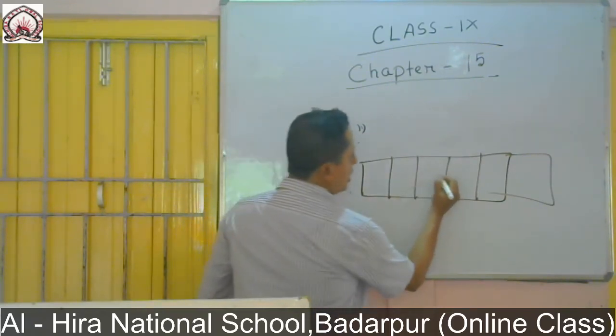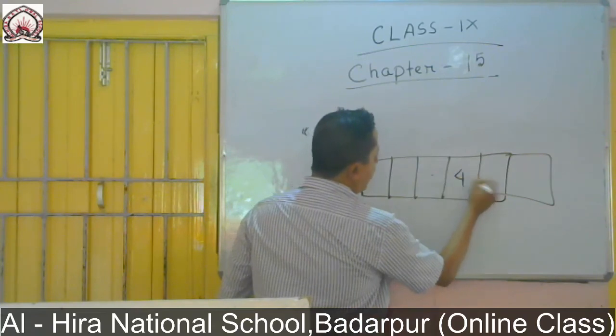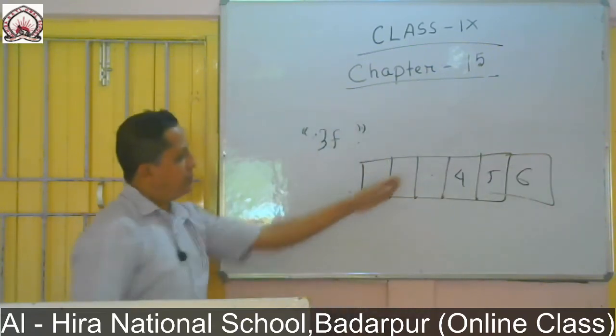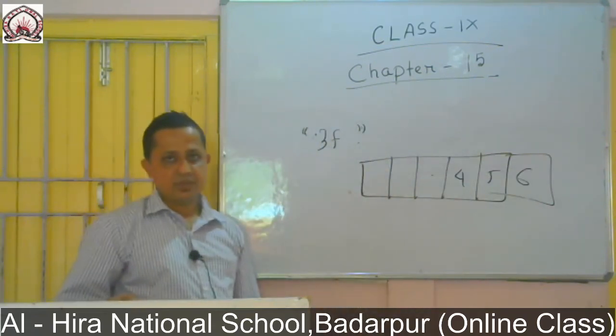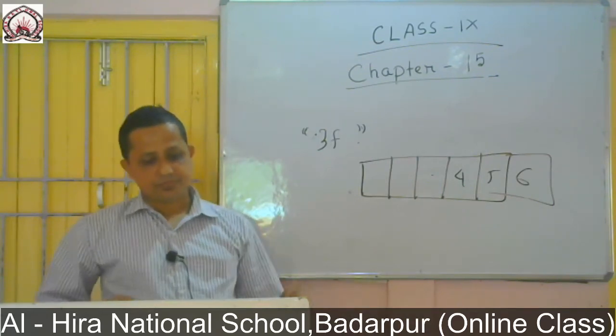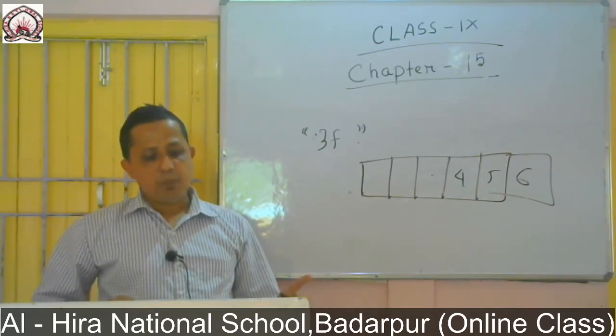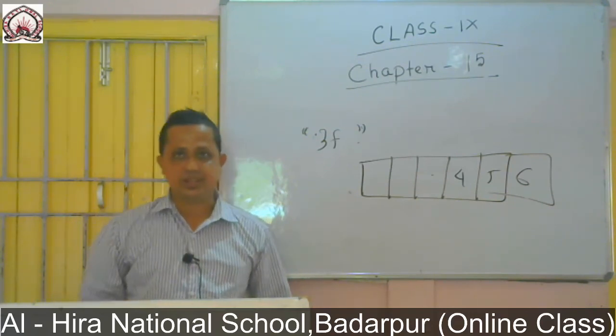So it will be like this: point, suppose 456, and before that we can take any number. Understand? Then "%0.0f" means the real number is rounded off to 0 digits.